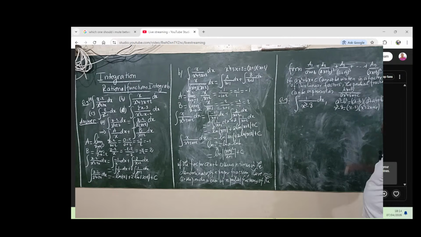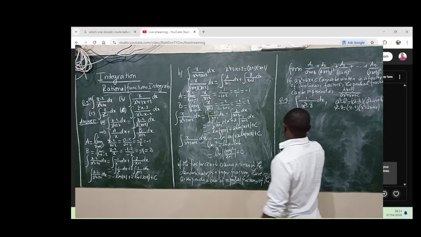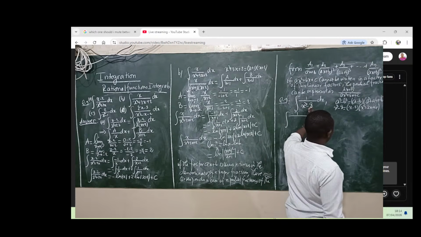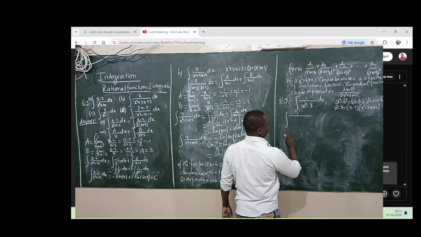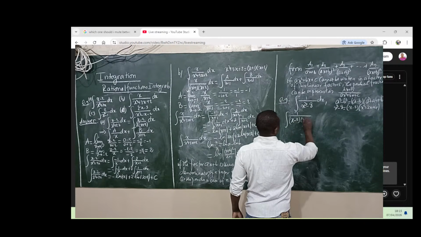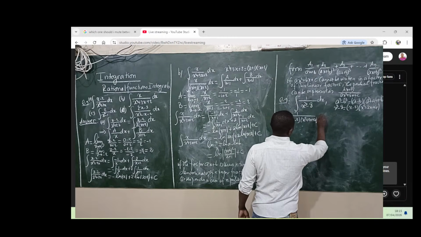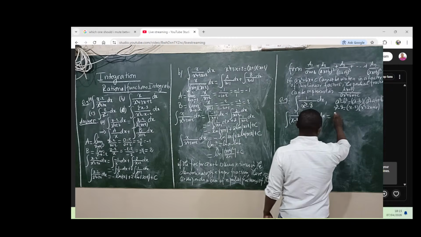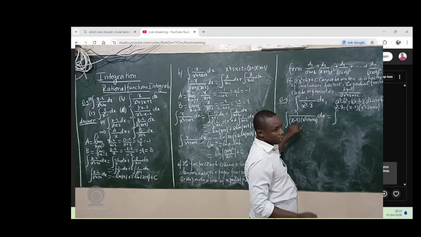Okay. The integral can be written as 1 over, instead of writing this, we need to put it in factor form, which is x minus 2 times x squared plus 2x plus 4, dx. Because x minus 2 can be equal to 0, we get x equal to 2.